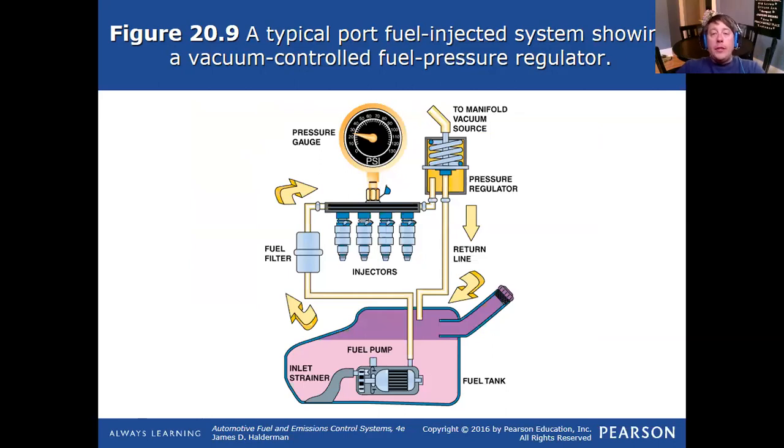Typical port fuel injection system showing the vacuum controlled regulator. So in this diagram, we can see that regulator. We've got the pump, the line, the filter, the rail, all the injectors. The regulator sits at the end of the rail. The vacuum diaphragm sits up here on the top, the vacuum supply.